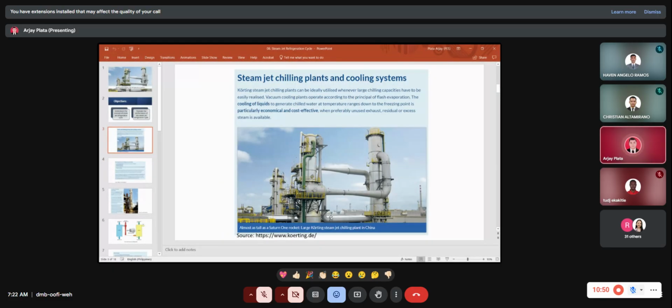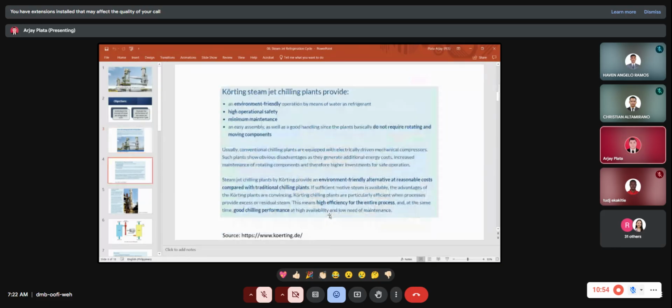So this example is in China. This is a large Körting steam jet chilling plant. It provides environmentally friendly operation by means of water as refrigerant. There's no harm to the environment because water is an environmentally friendly and natural refrigerant.